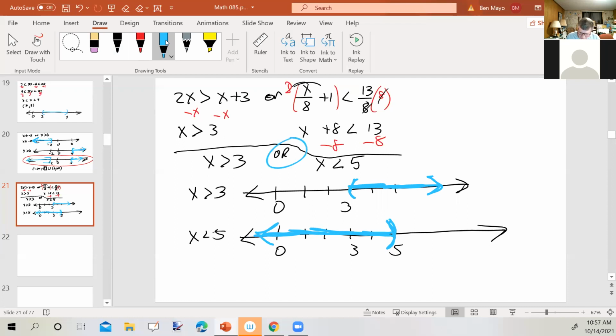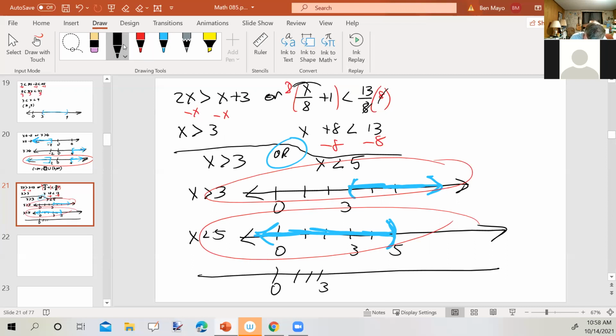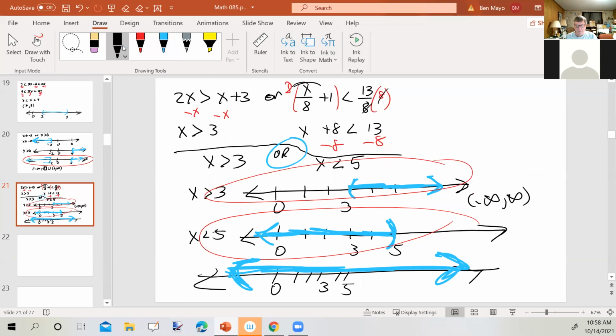But we want the union. Well, if you take all of the top graph along with all of the bottom graph, if you put them together, your graph is going to be the entire number line. So interval notation would be all real numbers, negative infinity to positive infinity.